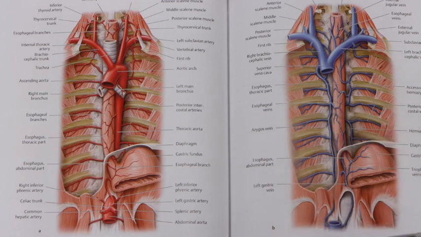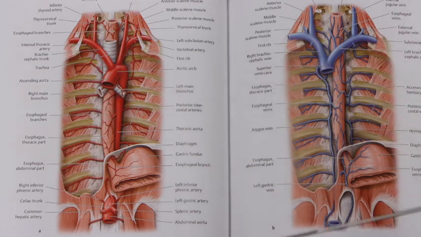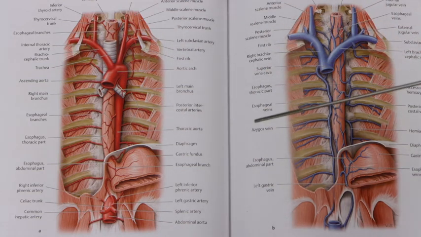from the thoracic aorta. Then I'm going to discuss the branches of the posterior intercostal artery, which immediately divides into posterior branches and ventral branches. The posterior branches give the spinal artery, which supplies the vertebra, the muscles of the back, the skin of the back, and the meninges and the spinal cord.